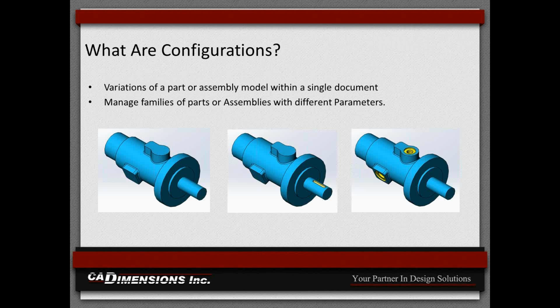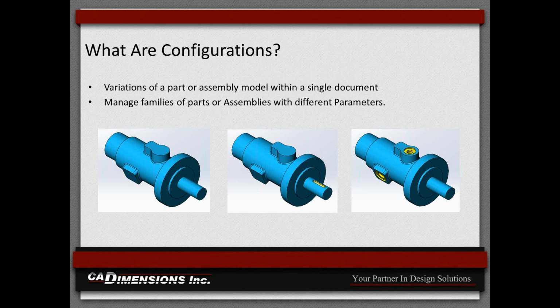In general, and I even went to the help to try to describe this, it's variations of a part or assembly within a single document. So any time that you have a variation of that design and you don't want to manage multiple parts or files within your file system and manage revision control on each of those different files, then configurations is a good use.